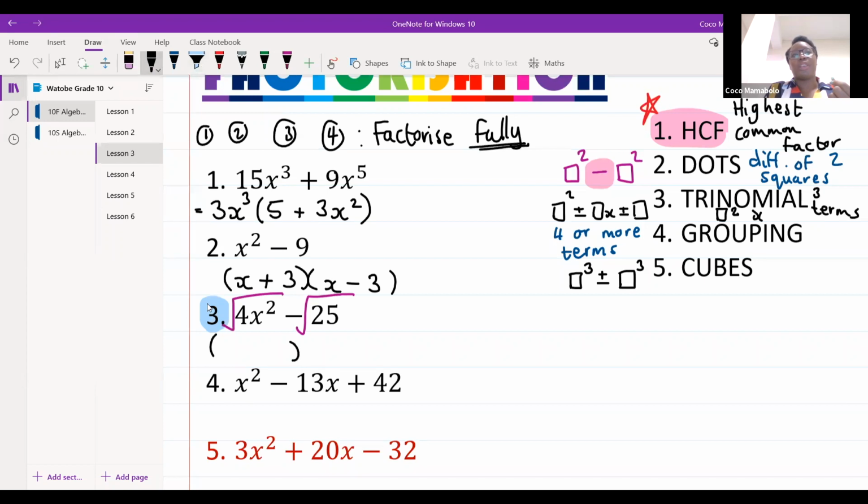And then we just open 2 brackets. The square root of 4x squared is 2x. I just gave you guys the answer. So I write 2x and 2x. And then the square root of 25 is 5 and 5. And then I just put a plus there and a minus there.